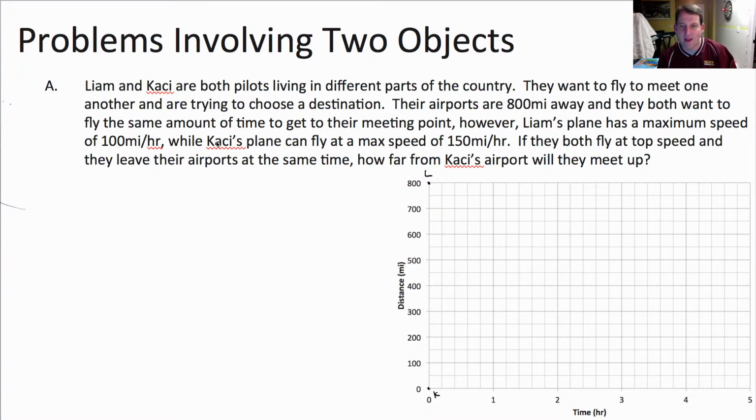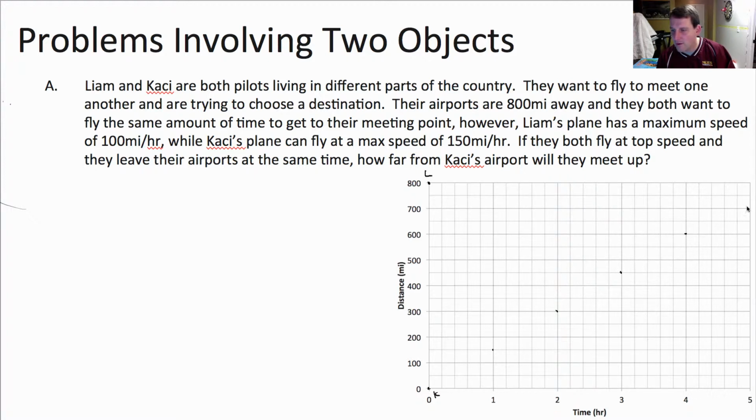Casey's airplane can fly at a speed of 150 miles an hour. That means every hour it's 150 miles. So I go over 1 hour, up 150. Over an hour, up 150 more to 300. Over an hour, up 150 more to 450. Over an hour, up to 600.